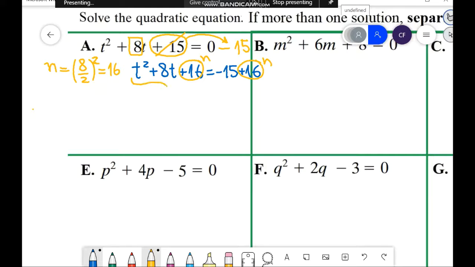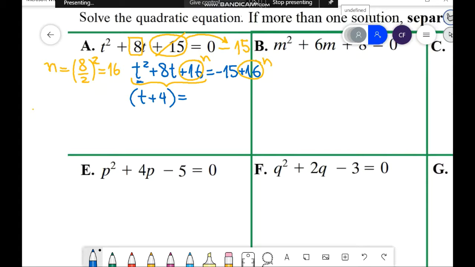On this side, you will have a perfect square trinomial. You can write as a perfect square, the formula is a plus b squared. A is t, b is 4. Remember 4? Because 16 is b squared, b is 4.